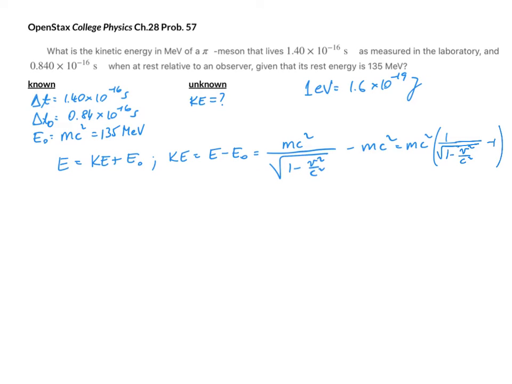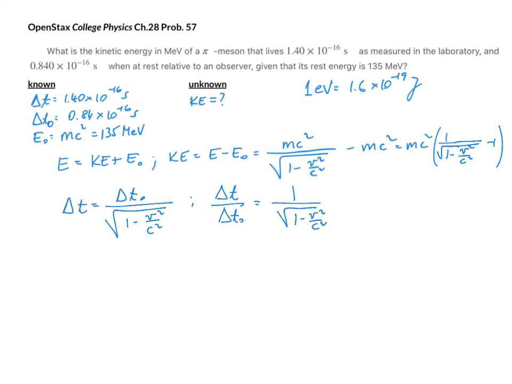So we don't know the velocity of the pi meson, but we were given the information about the proper time and the dilated time, so we can use that. And we know that delta t is delta t naught divided by the square root of 1 minus v squared over c squared. So if I divide both sides by delta t naught, I end up with delta t over delta t naught is 1 over the square root of 1 minus v squared over c squared.